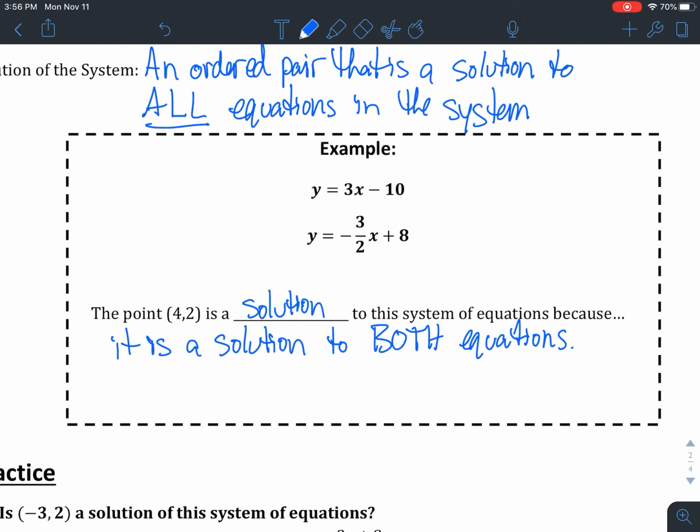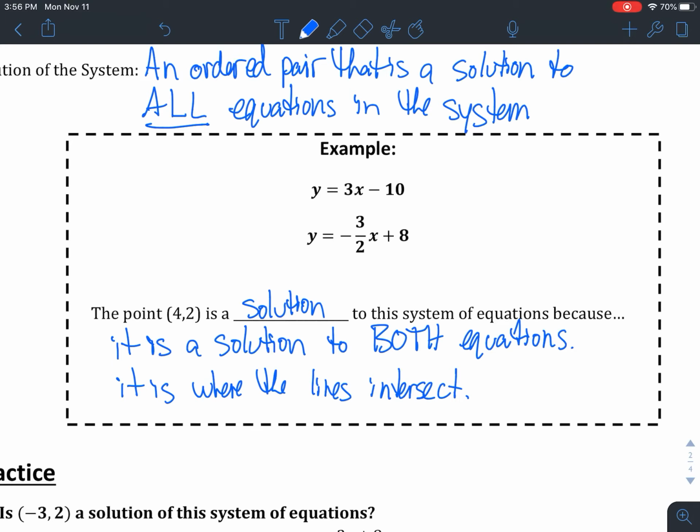Another way of saying it, and something that we'll get to moving forward, it is where the lines intersect. So that's something we'll get to eventually.